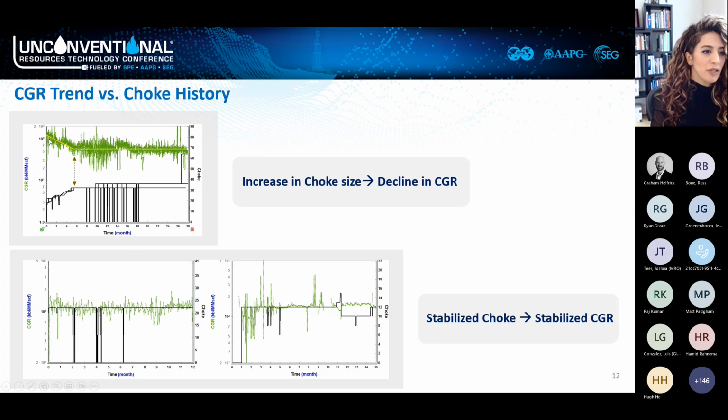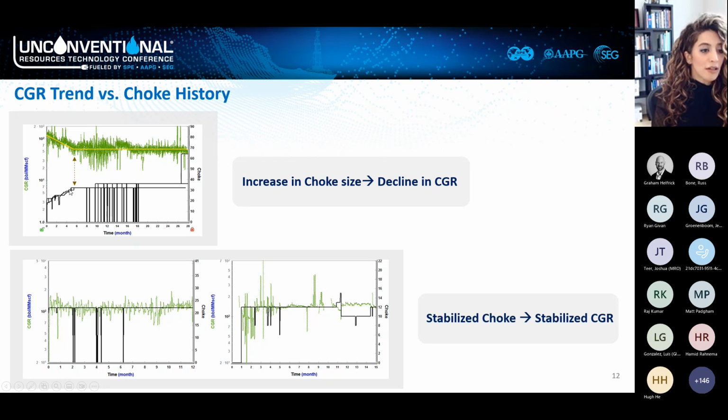What we can observe is the CGR here from the onset of production consistently keeps decreasing, at the same time while the choke size is being ramped up consistently and gradually.